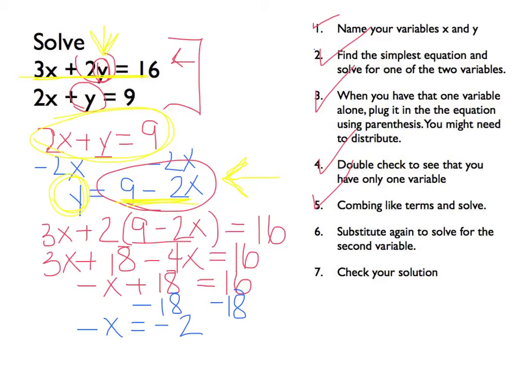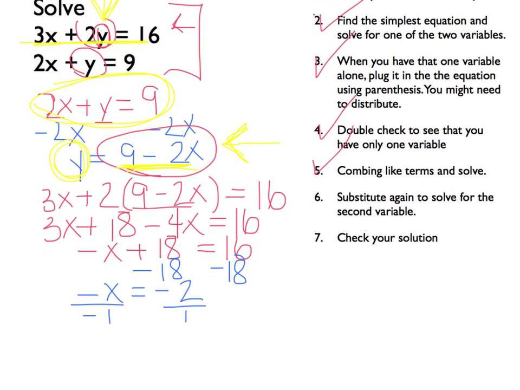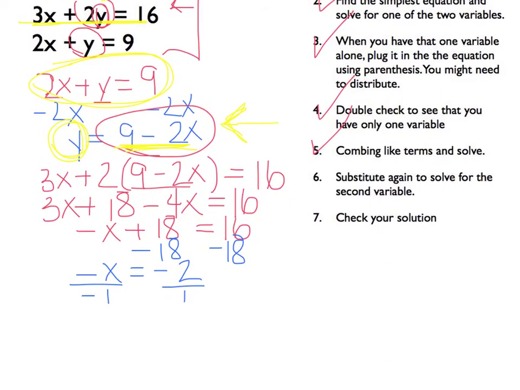We know that our variable can't be negative, so we're going to divide both sides by negative 1. And so that's going to give me positive x equals positive 2. So we combined like terms and we solved. We see that x is equal to 2. Make sure this is what you have in your notes.